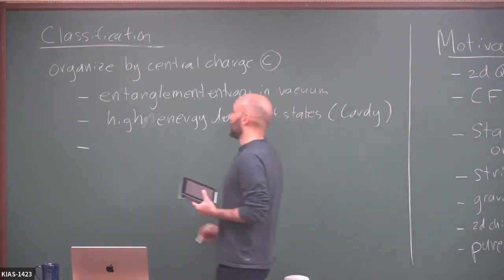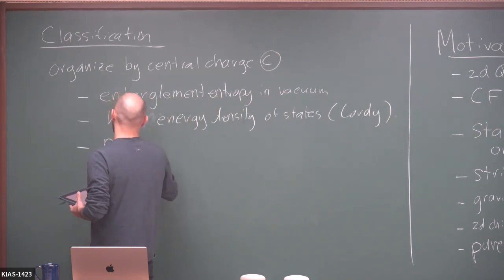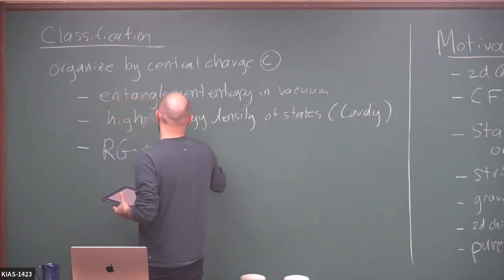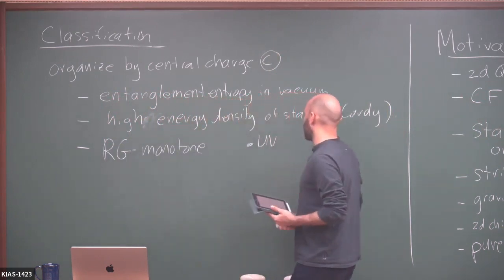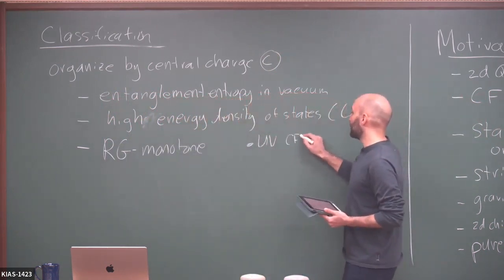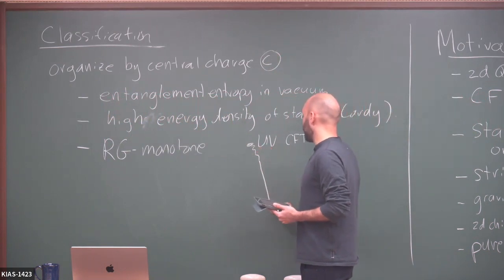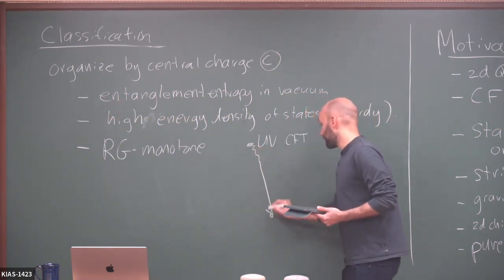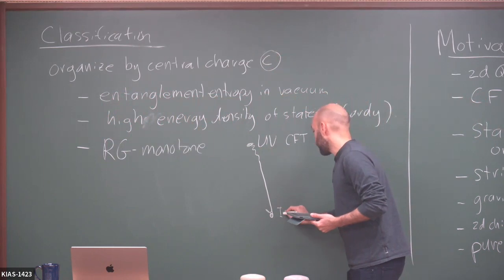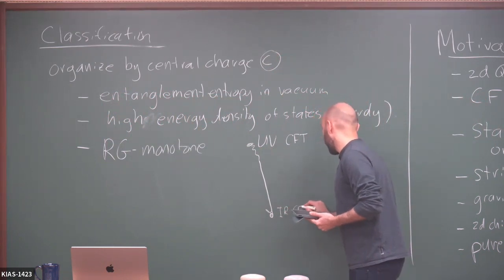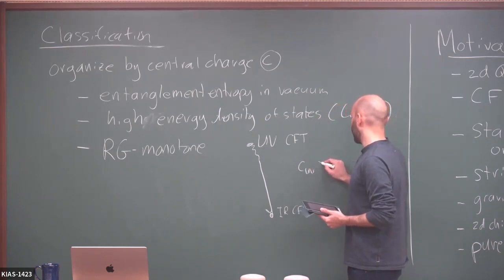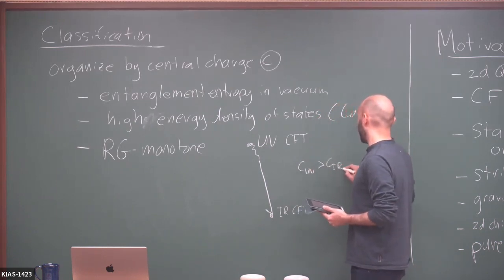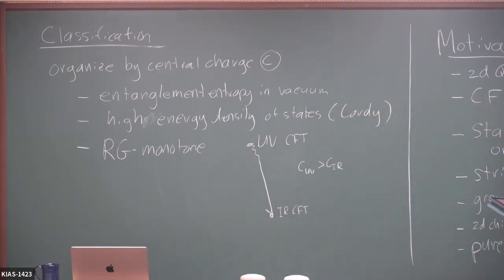And it's also what's known as an RG monotone. So if I imagine starting with a UV CFT, deforming by some relevant operator, and flowing down to the IR, and I compare the central charge of the UV to the central charge of the IR, what you'll find is that the central charge always decreases.